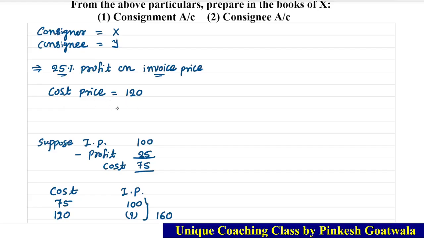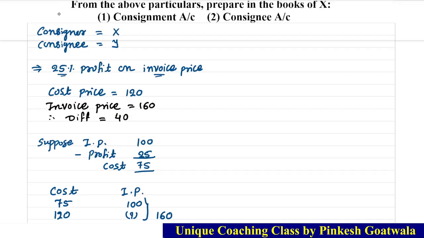Okay, આપણને શું મળી ગઈ છે, invoice price મળી ગઈ છે, that is 160. Okay, we get invoice 160. So what will be the difference between them? The difference is 40. Okay, clear? So remember, do this calculation, it's a common calculation in this chapter.